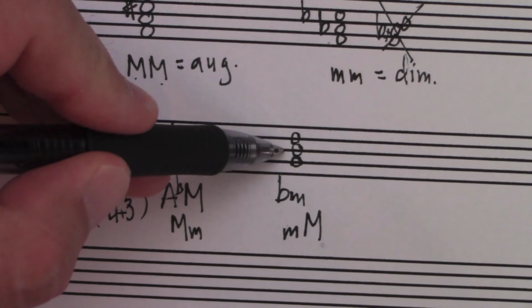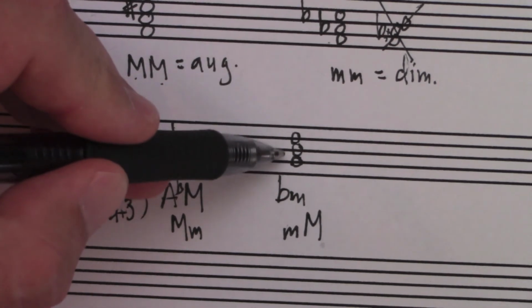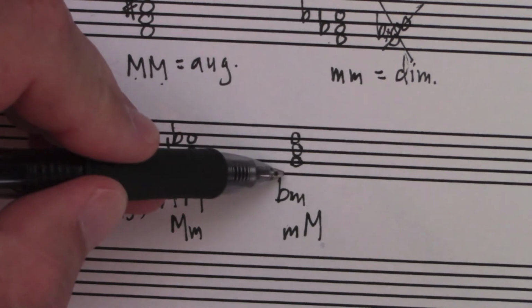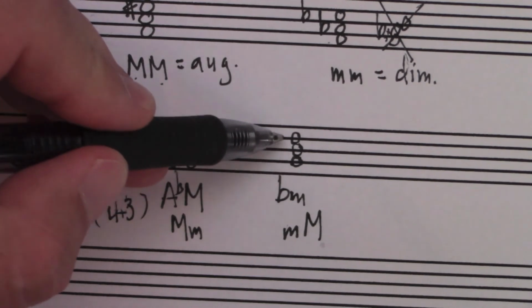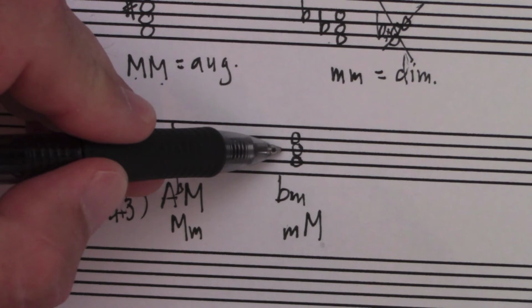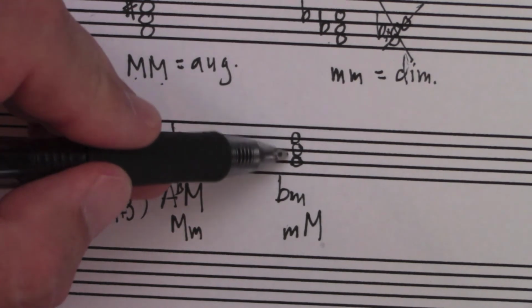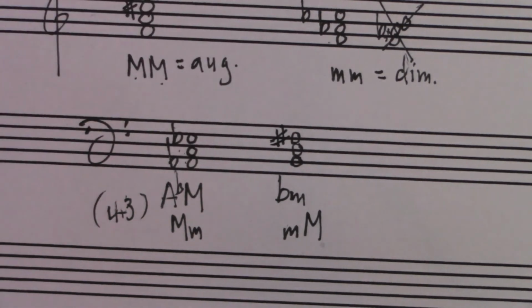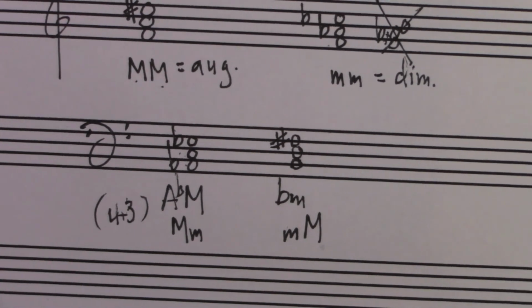B up to D, is that a minor third? Yeah, it is. Okay. D up to F, is that a major third? No, that's a minor third. It's too little, so we need to add a half step. And there we go. That's all there is to it. Write up your thirds and fix them.